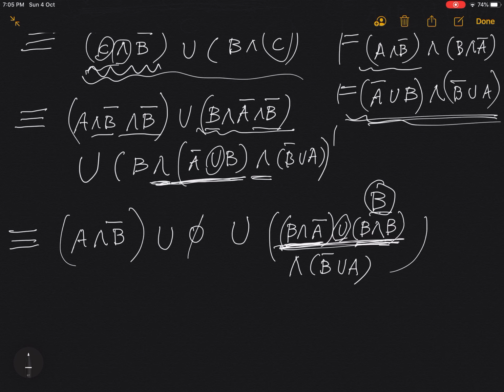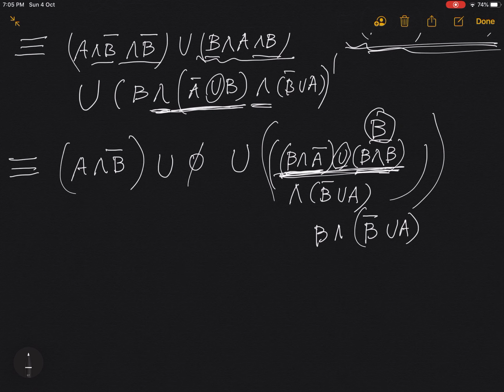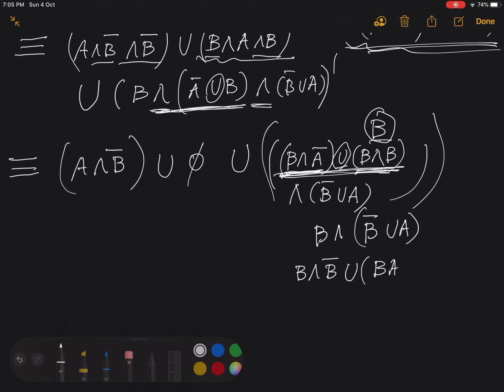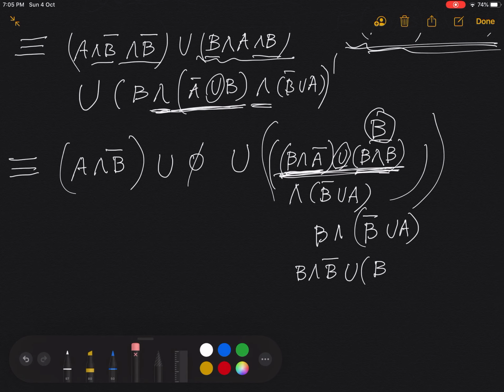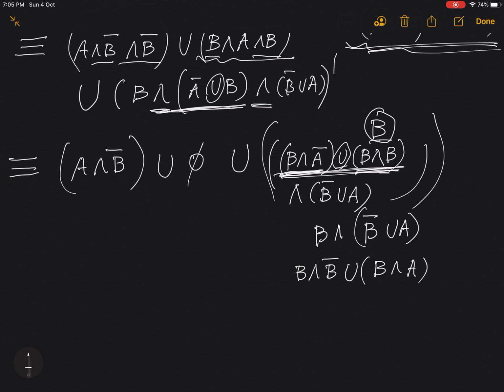So the second part would be B and the complement of B or A. Again, we can use the distributive law, so it's B and the complement of B or B and A. So the underlined part will be empty set.